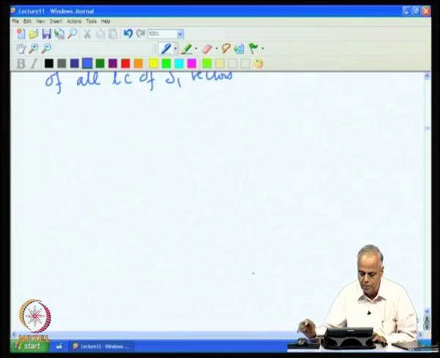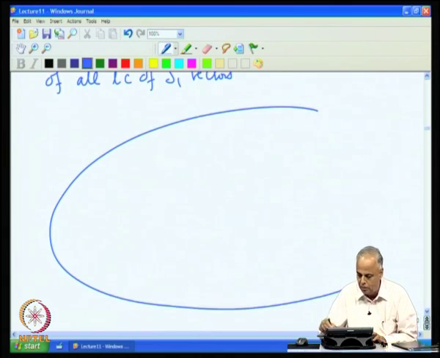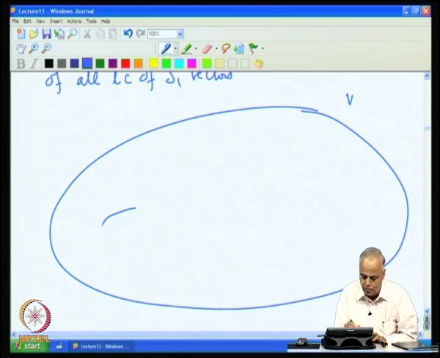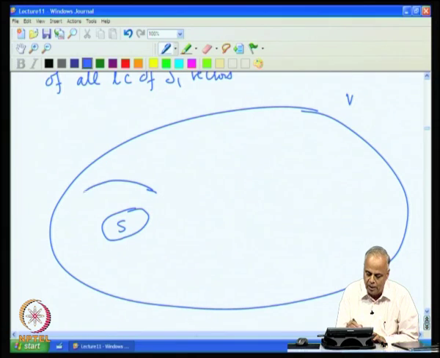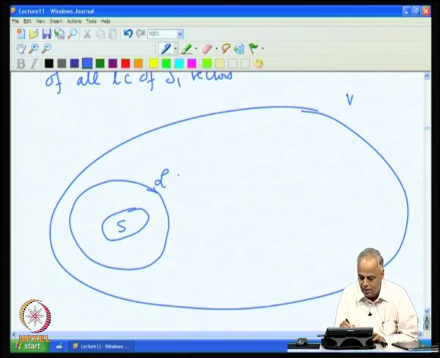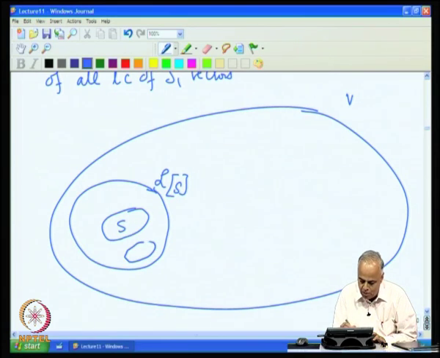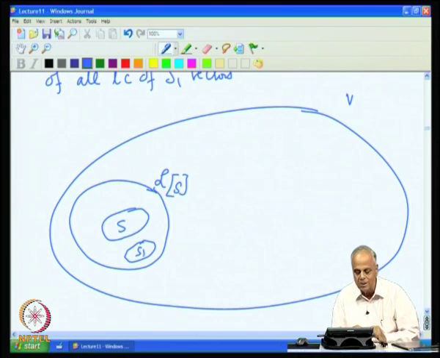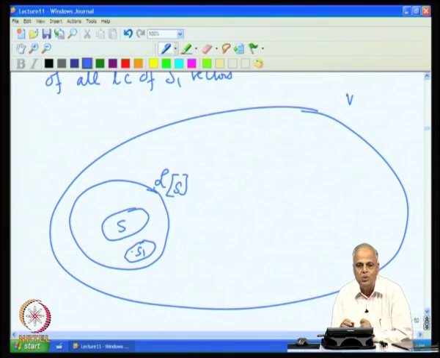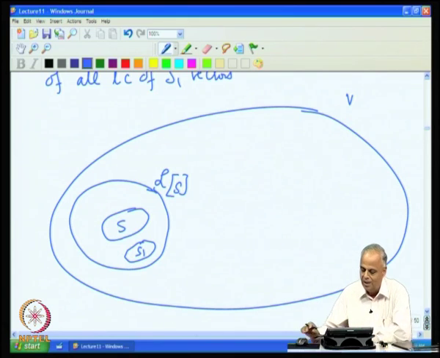So, let us again look at the picture. We had this huge space V. Inside that huge space V was this finite set S, and starting from this finite set we constructed the LS. Now, in this LS again we picked up a small set S1, we are now constructing the LS1. If by chance LS1 takes us outside LS, then we would have constructed more new things, but if LS1 falls within LS, then we would not have constructed anything new.